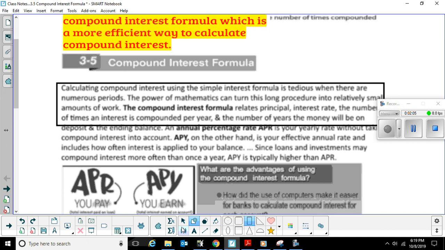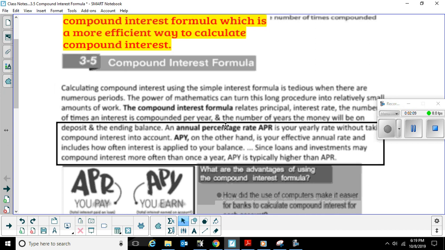And then we have this second thought: APR, or annual percentage rate, which is your yearly rate without taking into account compounded interest. And then we have APY. APY actually looks at your effective annual rate and includes interest that is applied to your balance.